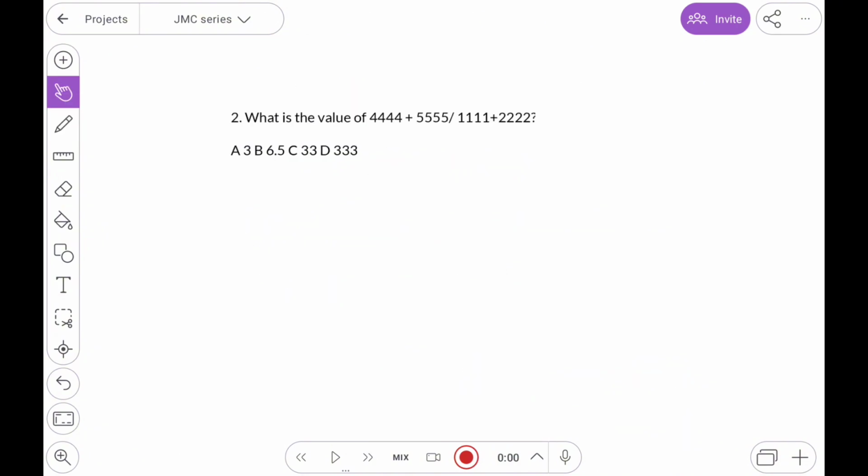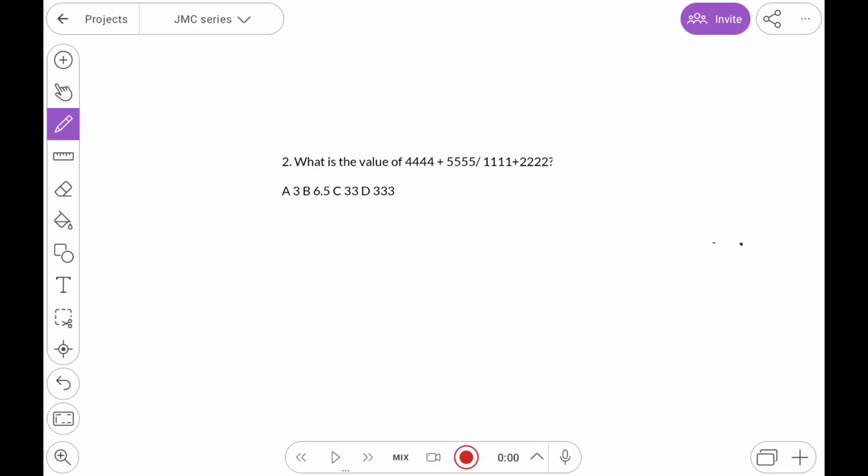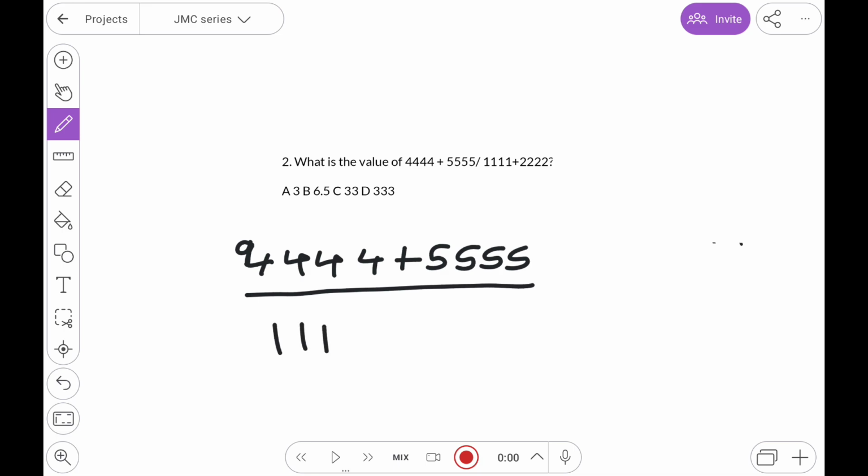Yay! More fractions! Your 3 seconds starts now. There are actually 2 ways to solve this problem, and I will show both of them. The first one is just to add the numerators and denominators, like how they show up there. So, like adding 4,444 and 5,555.